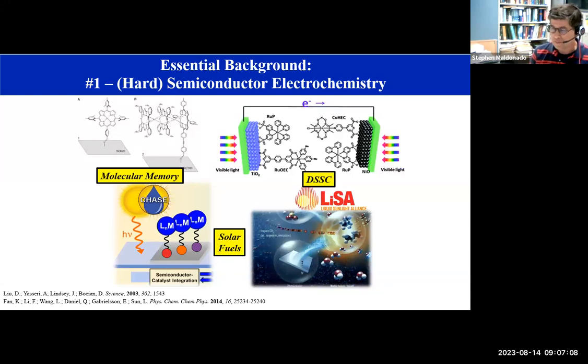A technology I've been interested in since I was a grad student is dye-sensitized solar cells, where you have redox active molecules interacting with semiconductors like TiO2. And then you have the activities in the current solar fuels hubs that are largely, if not entirely, built on the premise of charge transfer between inorganic semiconductors like silicon, gallium arsenide, et cetera, and molecules that do catalysis or chemical conversion reactions.